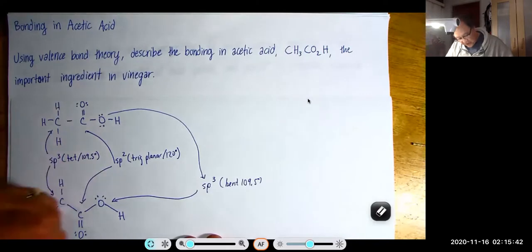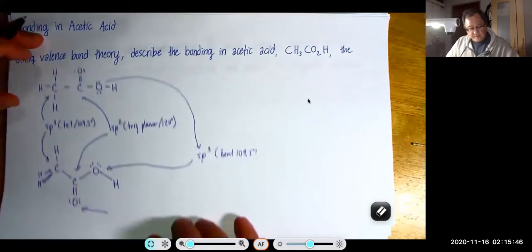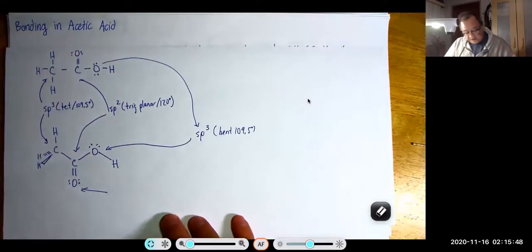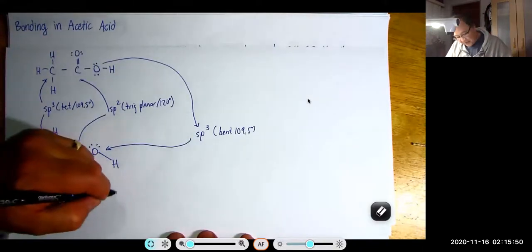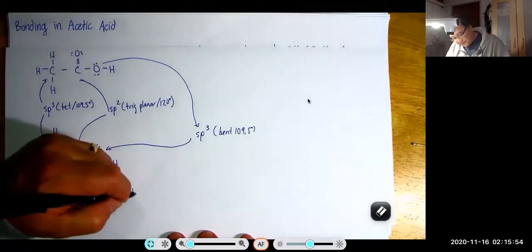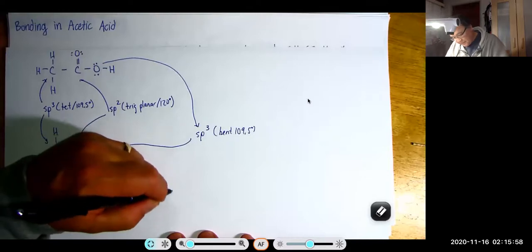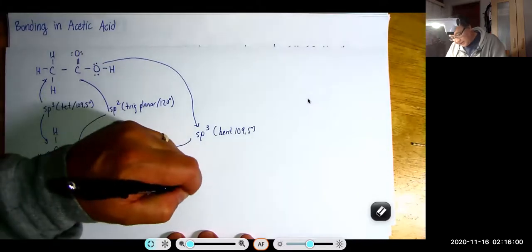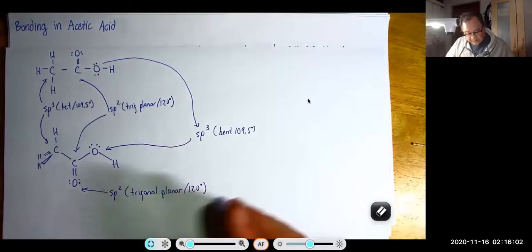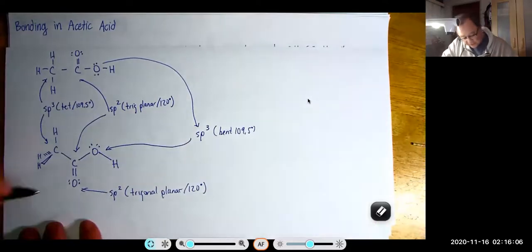And that's that this oxygen has 3 pair, so it's sp2 hybridized, and it's going to be trigonal planar, 120 degrees.